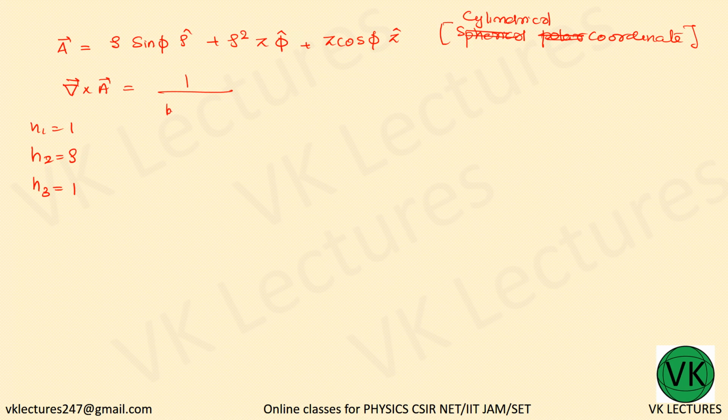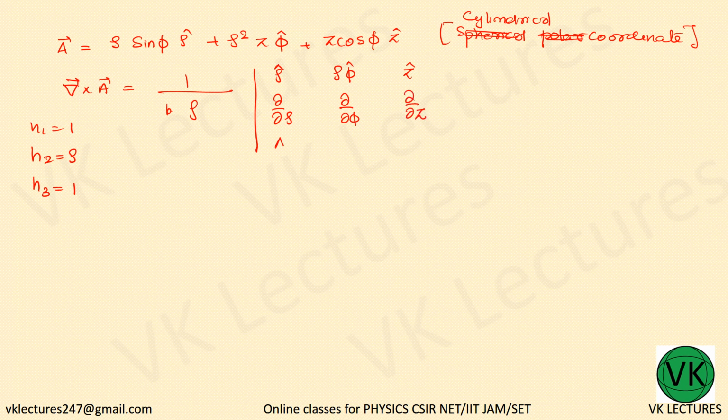So 1 by rho into h1 is 1, so rho cap, this is h2 rho into phi cap, then z cap, dou by dou rho, dou by dou phi, dou by dou z.